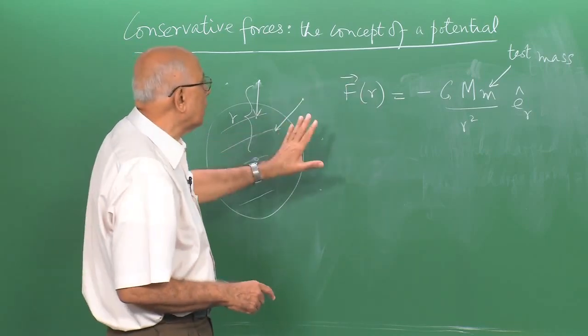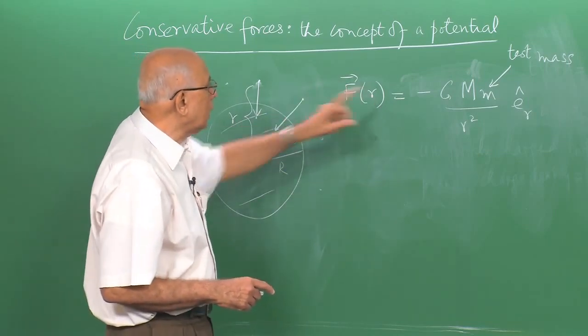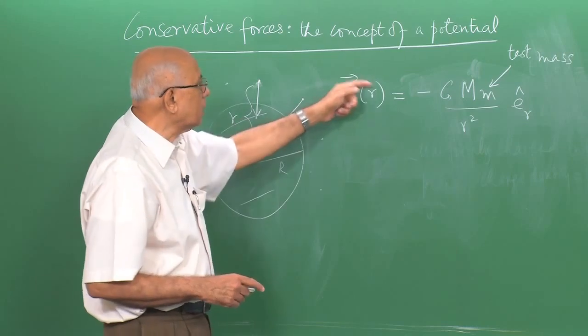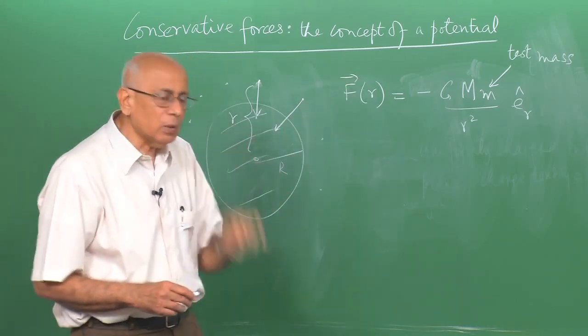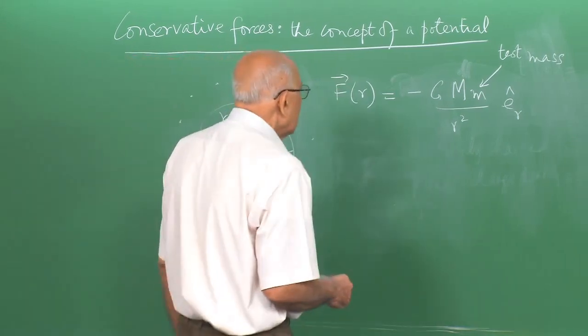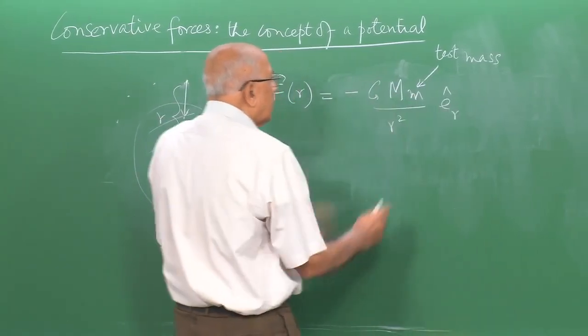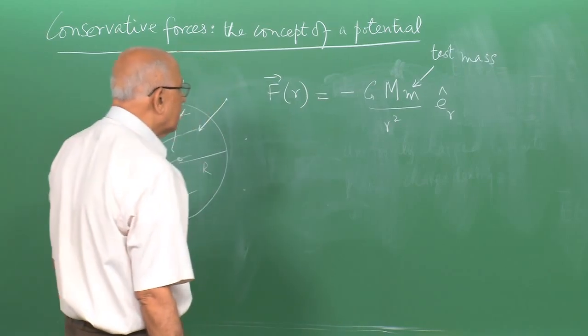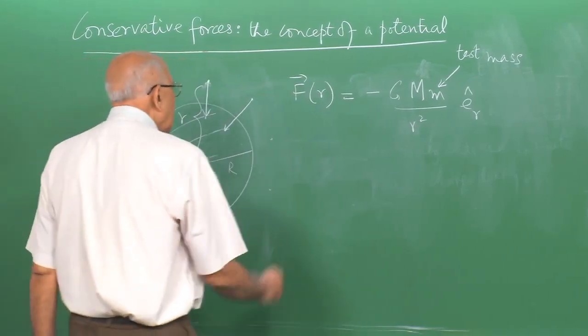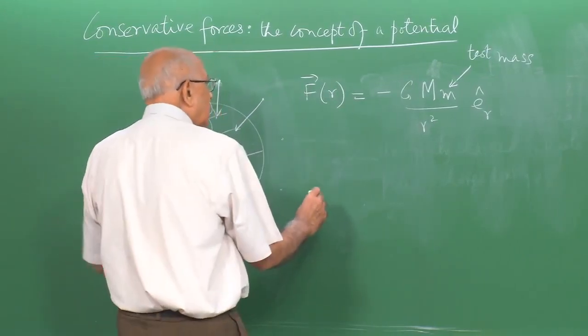I haven't put those in, no angular coordinates, only the radial coordinate has been put here without a vector symbol to show that it's only dependent on the radial distance. So this is the magnitude of the force without the minus sign, and that's the direction. Minus e_r is the direction here. So the question is, can I write down what the potential energy of this object is?